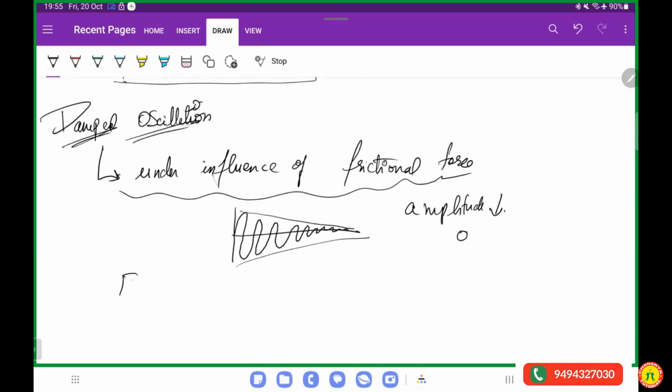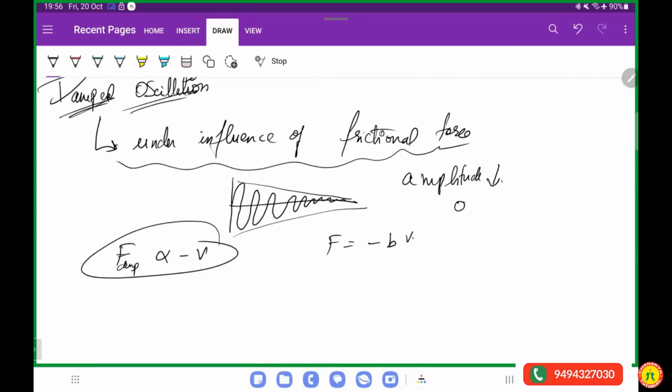Then the force of damping is proportional to the negative velocity or speed of the particle. So F equals minus bv, where b is a constant. So m dv/dt equals minus kx minus bv.